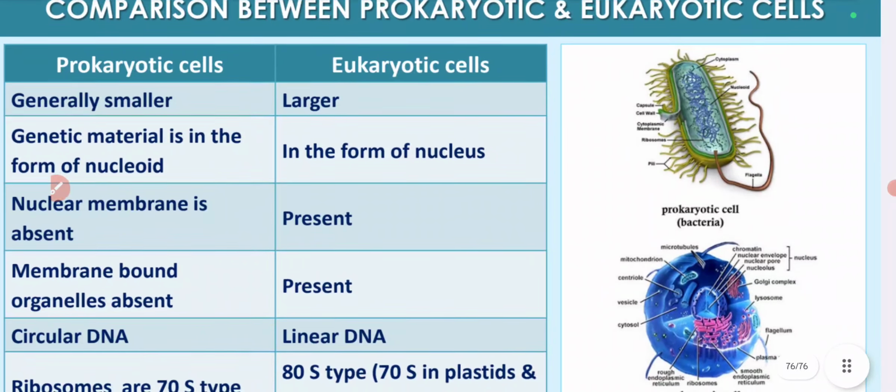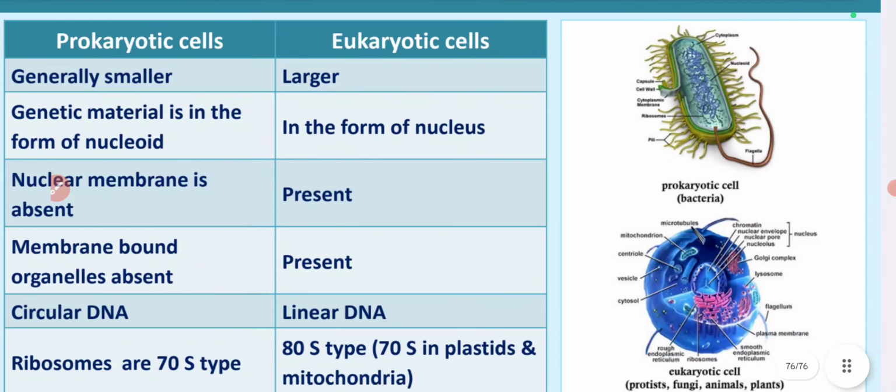Now a comparison between prokaryotic and eukaryotic cells. Here you can see the prokaryotic cell is generally smaller, the eukaryotic cell larger. Genetic material is in the form of a nucleoid, whereas a nucleus is present in the eukaryotic cell. Nuclear membrane is absent in the prokaryotic cell but present in the eukaryotic cell. Membrane-bound organelles are absent in the prokaryotic cell while present in the eukaryotic cell.